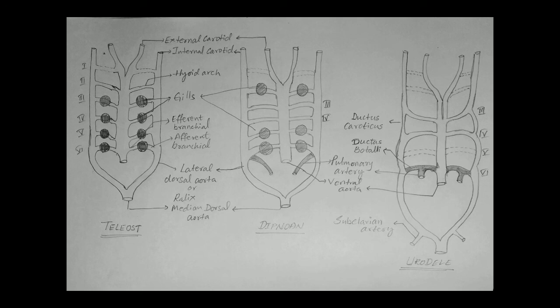In urodeles, or amphibians, the third, fourth and sixth blood vessels remain, and between the third and fourth there is another blood vessel connecting these two, called the ductus caroticus, and a modification of the pulmonary artery connecting to the sixth blood vessel, called the ductus botalli.